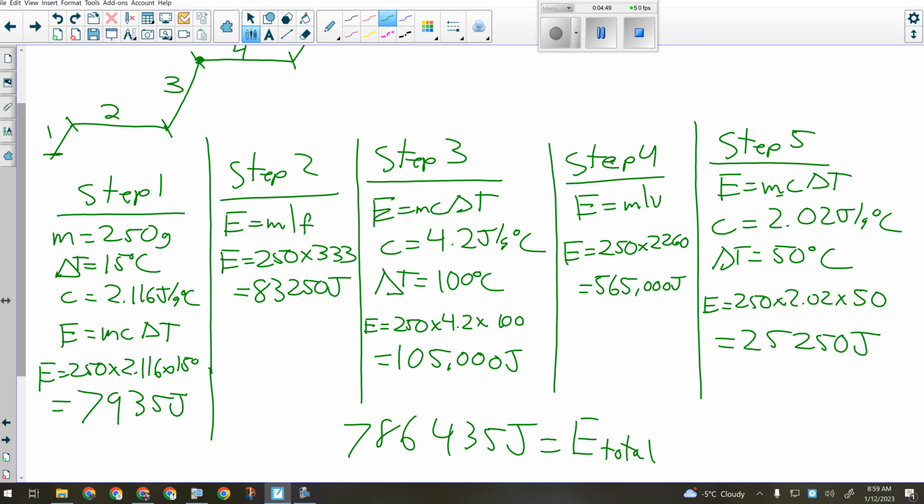Now, I would not give you a 5-step problem on a unit exam. It takes too long. I can test whether you know how to do this with a 3-step problem, and I will test it with a 3-step problem. So it would probably be something like this.